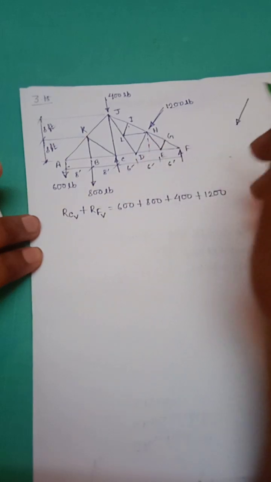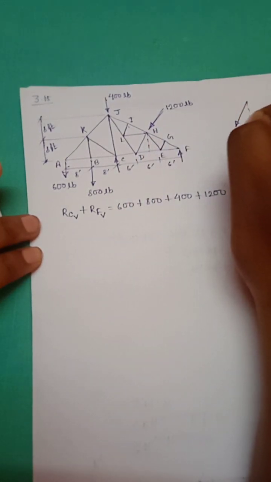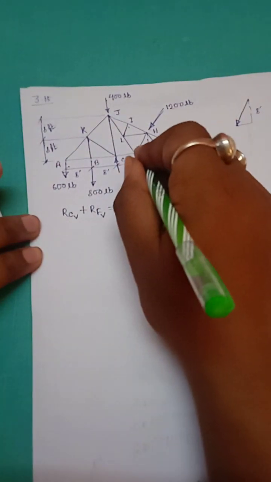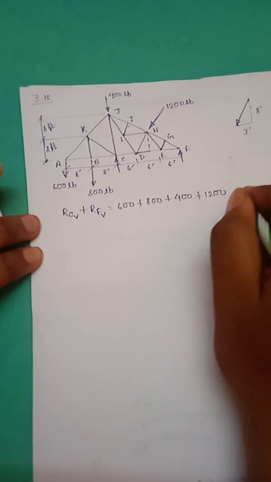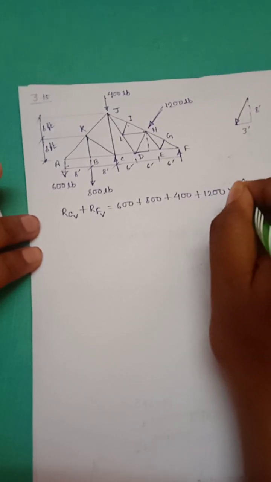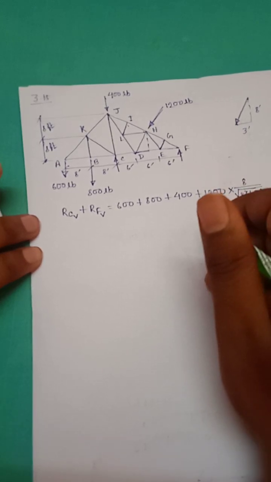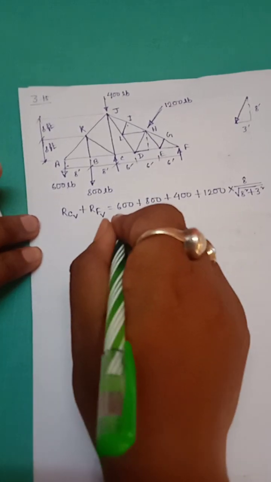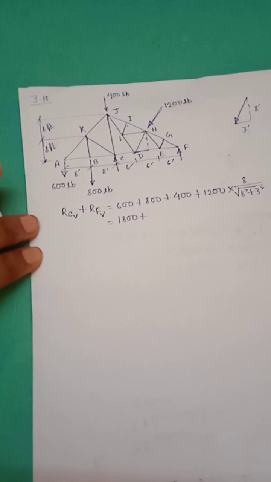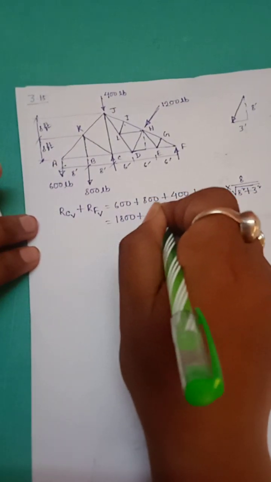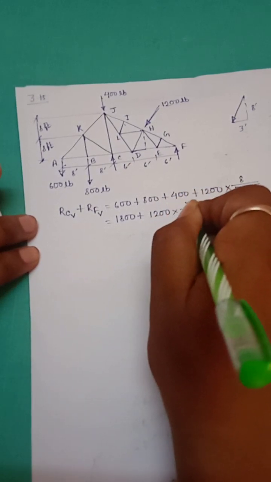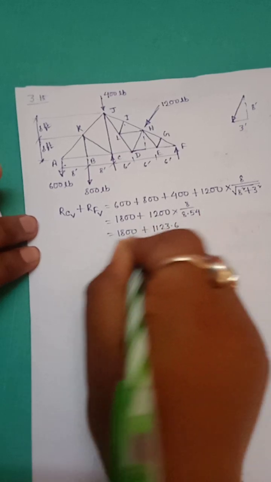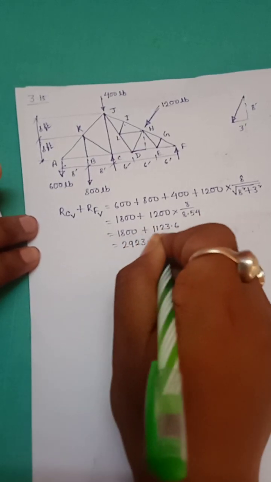For this vertical component, this length is 8 feet, and horizontal length is, this is 3 feet. 8 plus 6 plus 4, 1800 plus 1200 into 8 by 8.54 is equal to 1800 plus 1123.6 equal to 2923.6 pound.